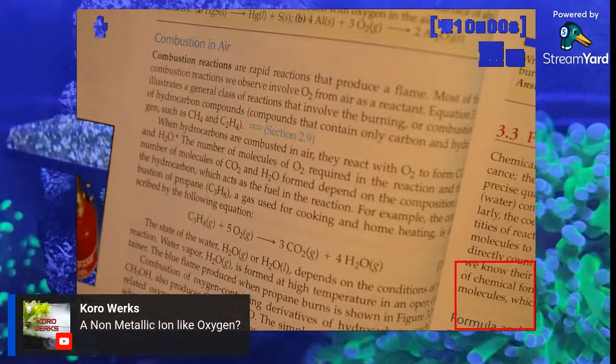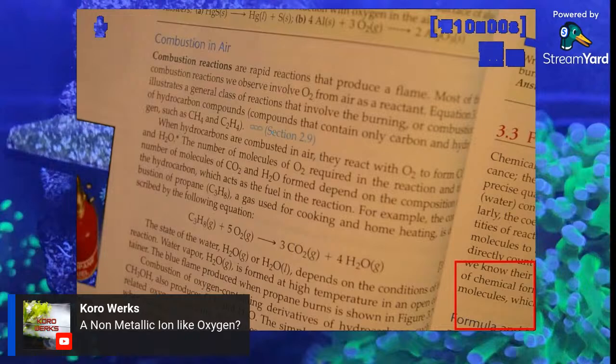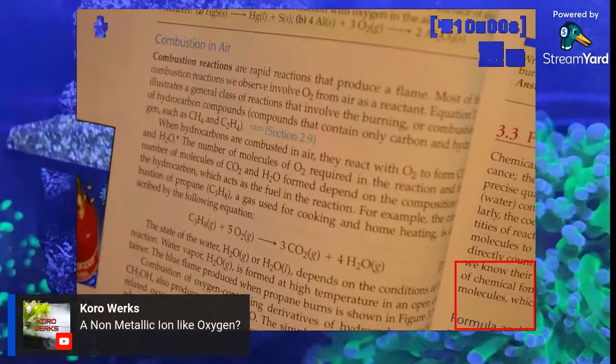Gas. All right. Plus 5 oxygens. You see that? Gas, because it's burning in the air. Oxygen in the air, 21% oxygen in the air right now.